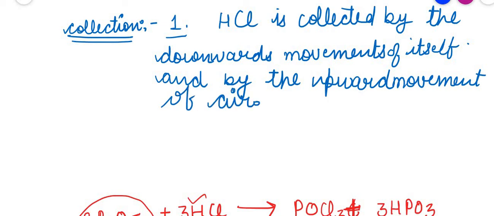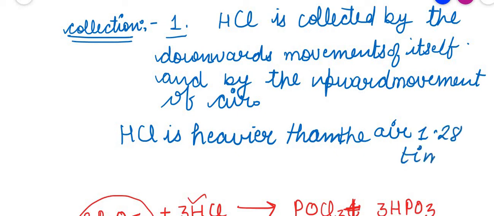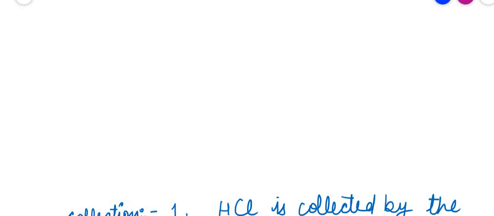Because we know HCl is heavier than air. हवा से हल्का नहीं, भारी होता है, approximately 1.28 times heavier than air. That's why it is used for the downward collection. हम डायरेक्ट एयर से ही कर लेते हैं, डाउनवर्ड मूवमेंट से itself खुद डाउनवर्ड जाएगा और एयर को अपवर्ड मूवमेंट देगा.